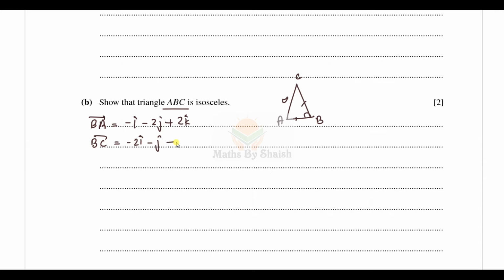If we want to prove that ABC is an isosceles triangle, we'll prove that the magnitude of AB vector is equal to the magnitude of BC vector, then it is proved. Magnitude of BA vector is square root of 1 squared, 1, plus 2 squared, 4, plus 2 squared, 4. It is root 9, and hence it is 3.